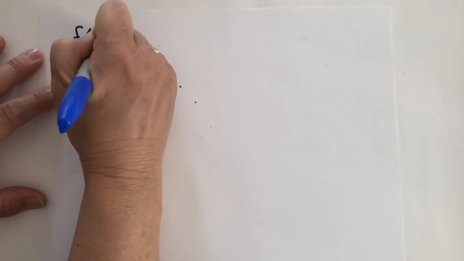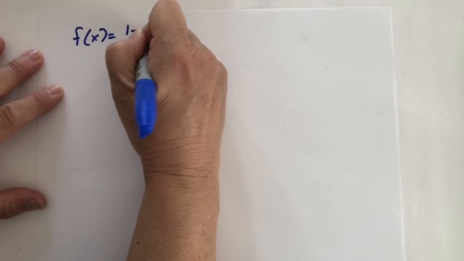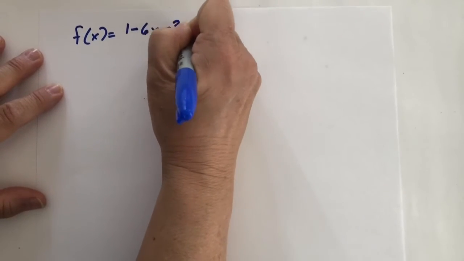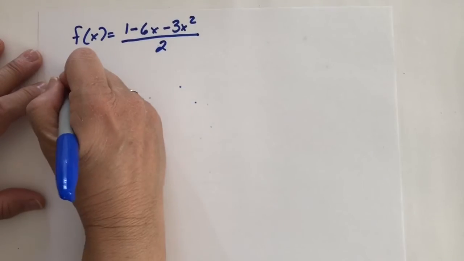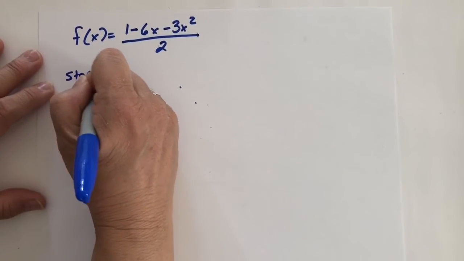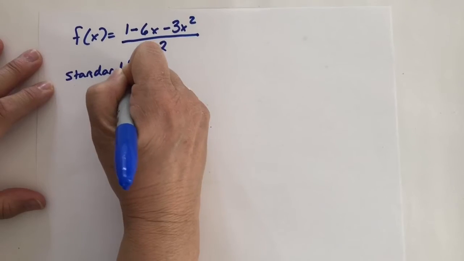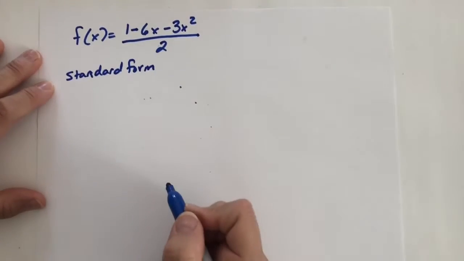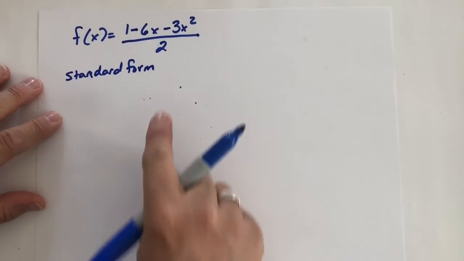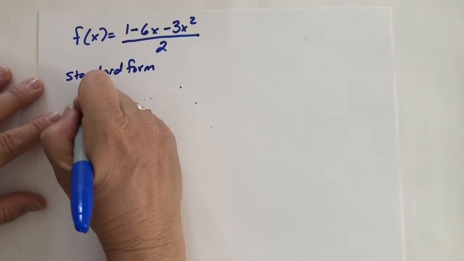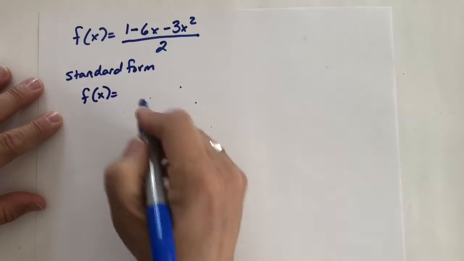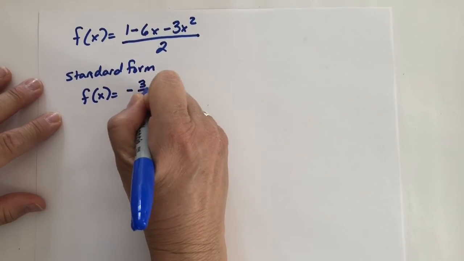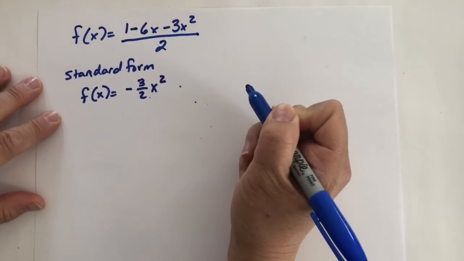Suppose we have f of x equals 1 minus 6x minus 3x squared, all over 2. So if we were going to write this in standard form, we're going to rearrange the terms, and we'll write each of the terms over 2. So f of x equals, now this term would go first, so I would have negative 3/2 x squared.